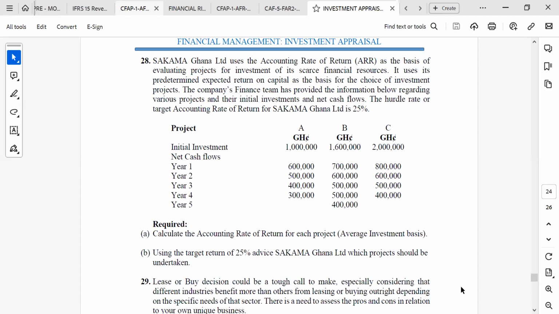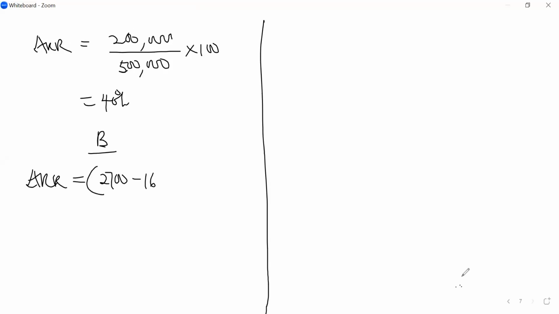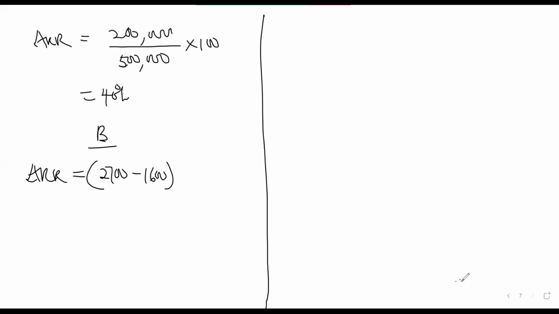So I have 2,700 minus the initial value, which will be the total depreciation for the 5 years, 1,600. So I'll just divide this by 5. Then I'll have the average investment. The average investment will be 1,600 divided by 2. So you can do it at the top like that and get your answer.